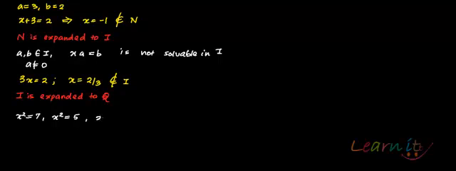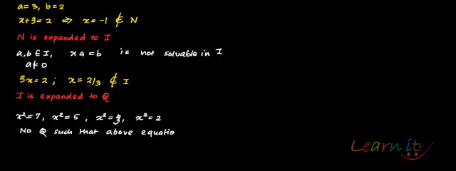For example, x squared is equal to 7, x squared is equal to 5, x squared is equal to 3, x squared is equal to 2. Again, these equations are not solvable in Q. There is no rational number which can solve x squared is equal to 7.